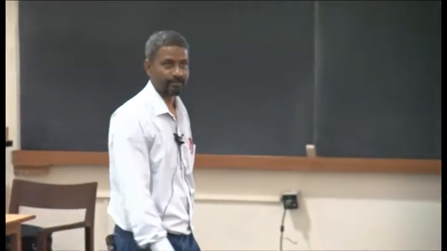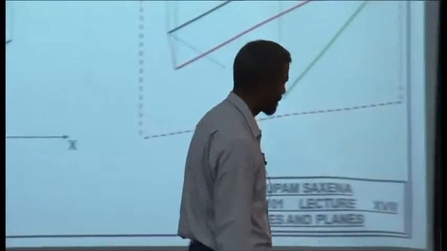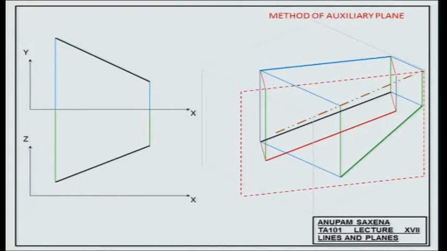Now I want you guys to be attentive here. I want you guys to follow this carefully. This is a hinge line that separates what from what? The horizontal plane from the vertical plane. Good.